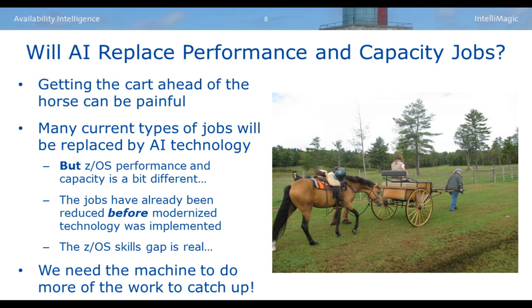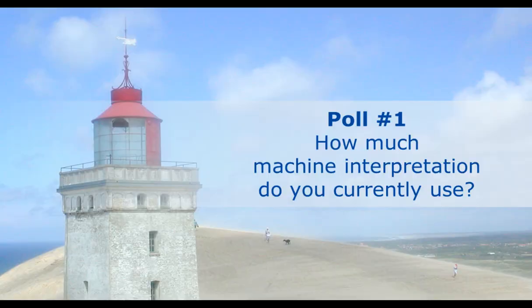So the environments have grown, the complexity has grown, as we talked about, and at the same time, the technology to understand what the data means has, in many cases, for many shops, not been modernized yet. We haven't really leveraged the computer to be able to catch up with the job requirements based on the already reduced headcount. So that's what we're addressing today in the use cases.